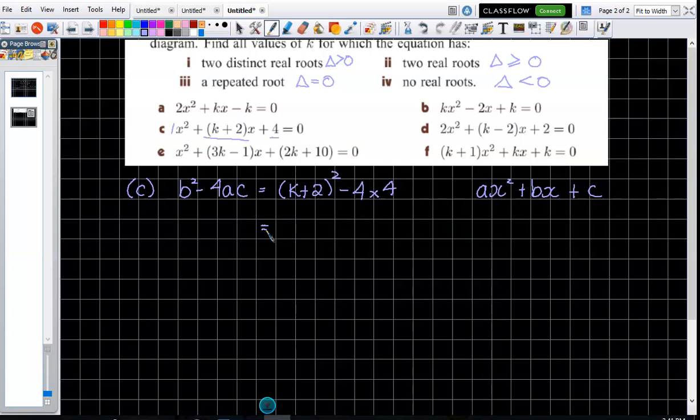We're going to expand k plus 2 squared. I was telling my year 10s earlier that sometimes I have to mark work all by myself because I start yelling. Because one of the things that bugs me and really sends me off is when a year 11 student will expand k plus 2 squared. And what do you think they expand it to be?